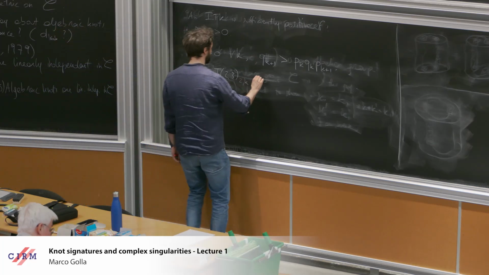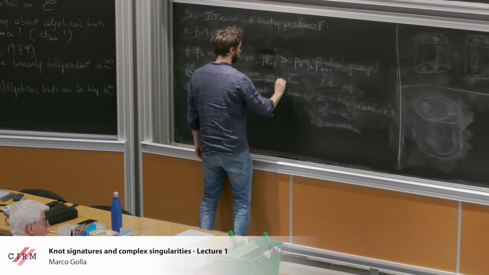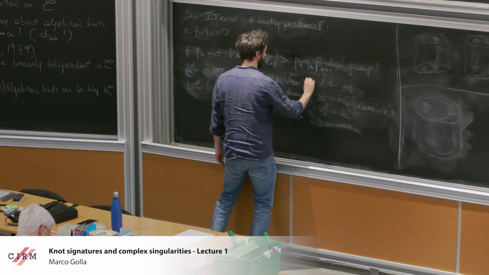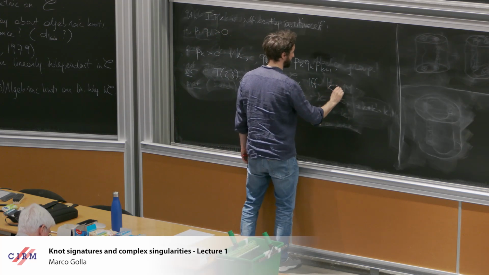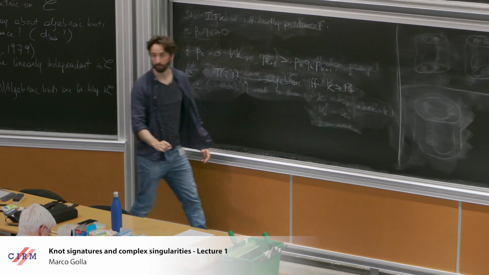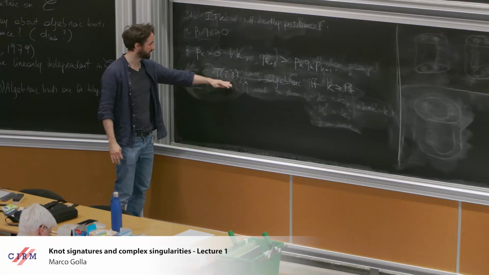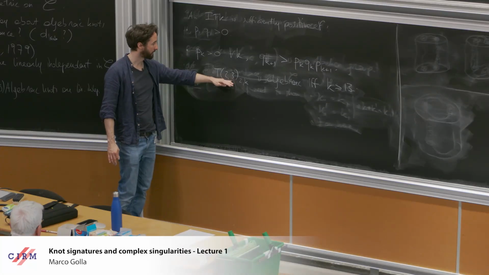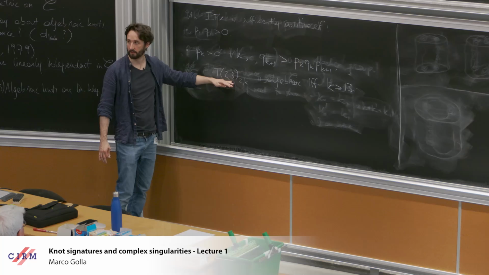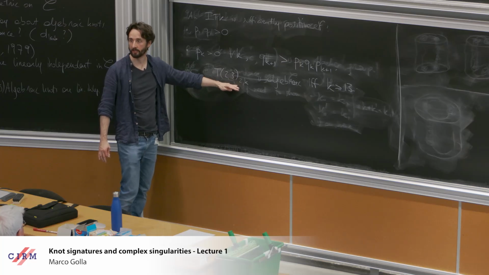This is algebraic if and only if K is at least 13. And in fact, I can even give you an explicit complex function whose link is precisely this knot here.